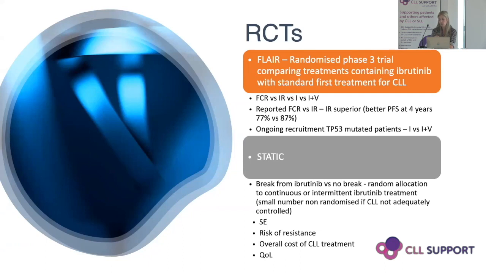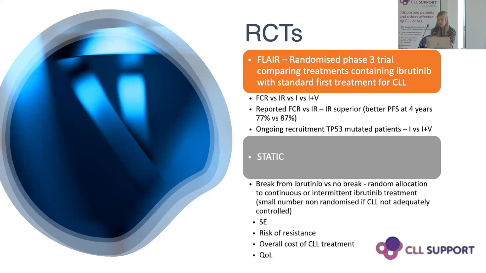The arm that's been reported fully is FCR versus ibrutinib rituximab, which showed a better progression-free survival at 4 years. The ongoing recruitment is into the high-risk arm, which is comparing ibrutinib and ibrutinib venetoclax.